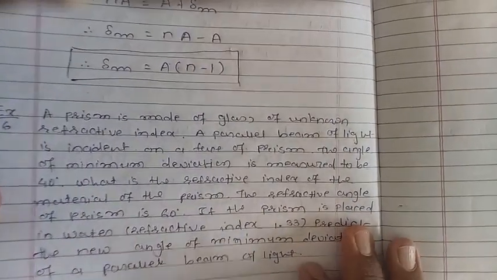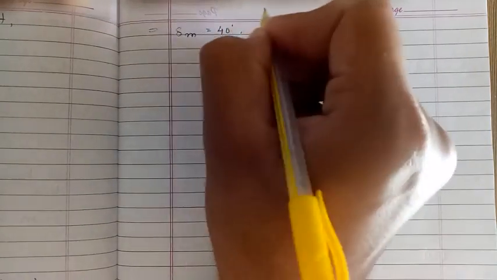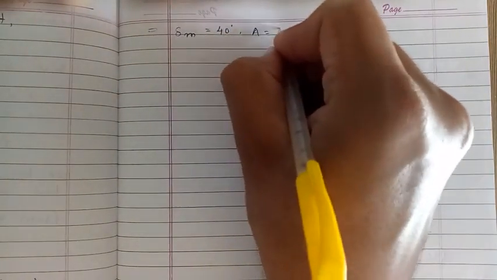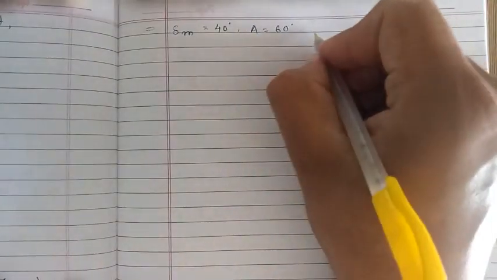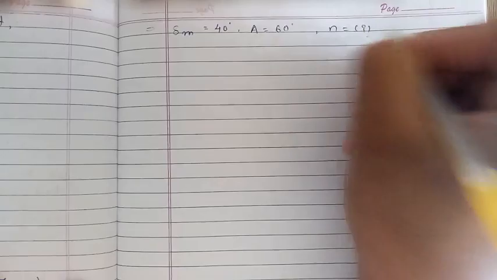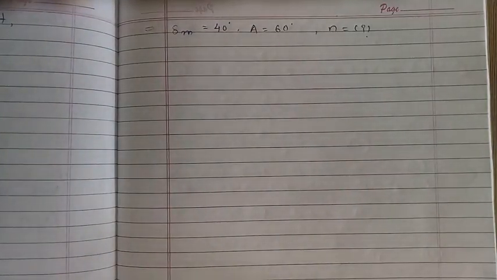So our given data: minimum deviation del m is equal to 40 degree and prism angle A is equal to 60 degree. We have to find out the refractive index of the material of the prism.